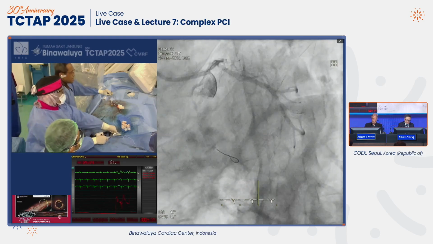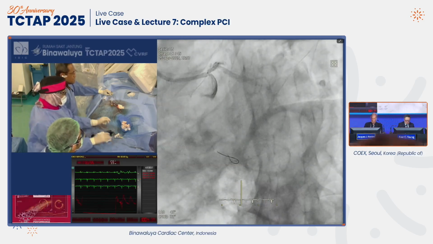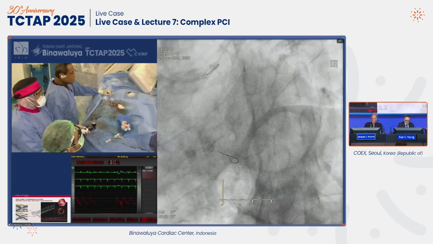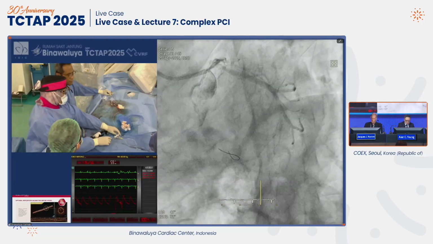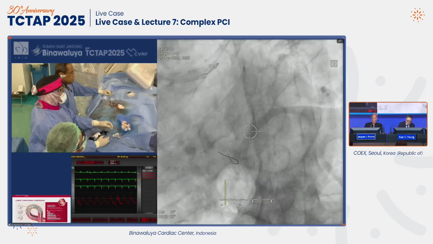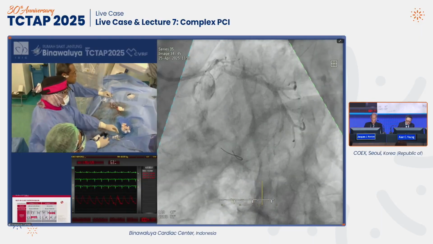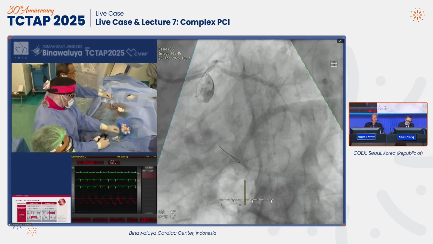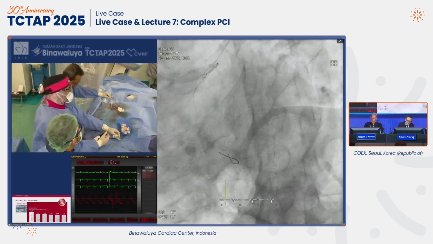Any suggestion? Did you have an AP cranial ready to look at the ostium? Yeah, AP cranial, please. That's always very helpful. This looks okay, spider. Yeah, at least sometimes in the neighborhood, many views.